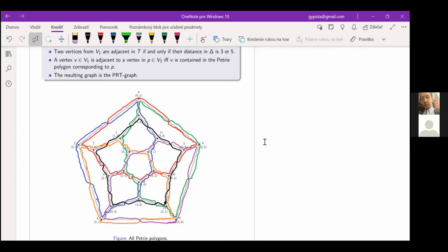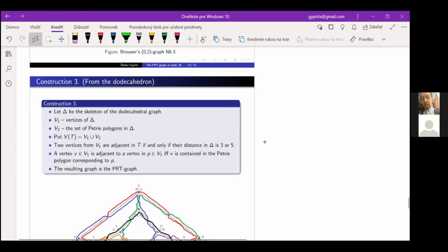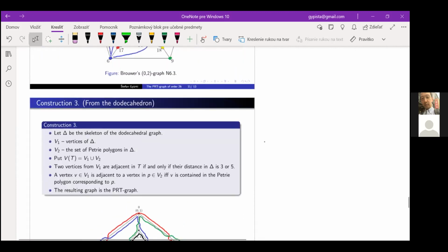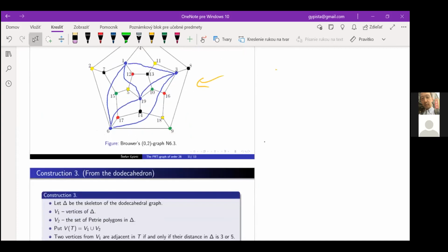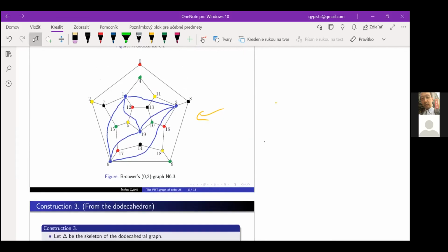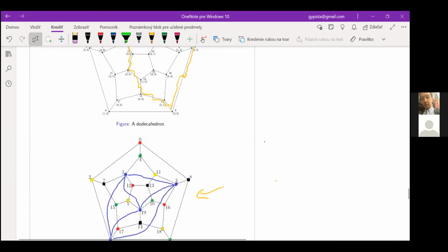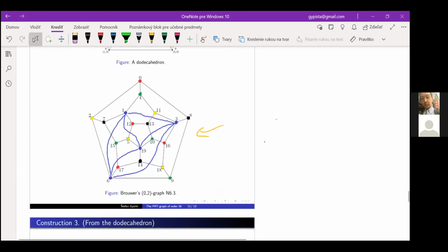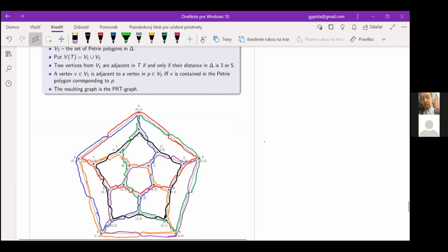dodecahedron. Oh, I'm sorry, this explanation I was giving here was clearly not true. I was saying something wrong when explaining the Brouwer's 0-2 graph. Here the adjacency is related to distance 3 or 5.